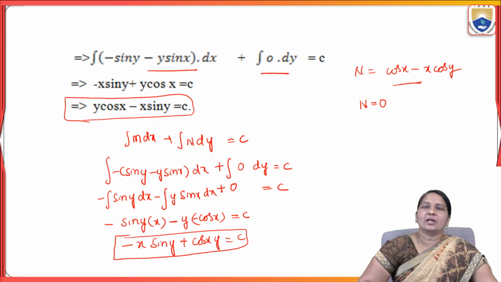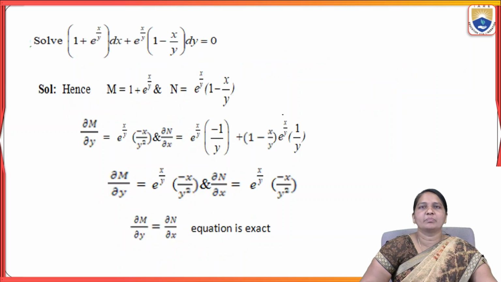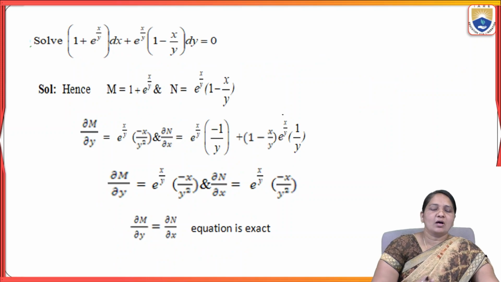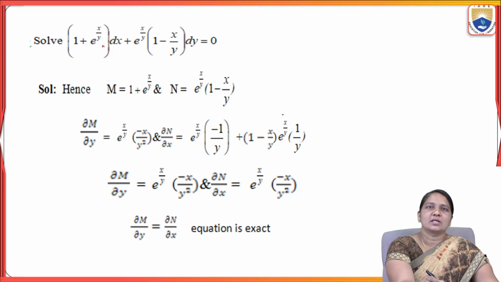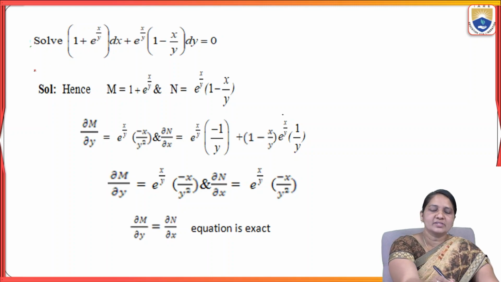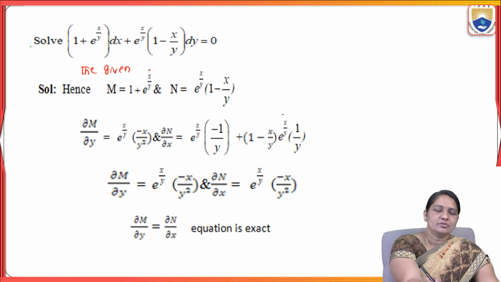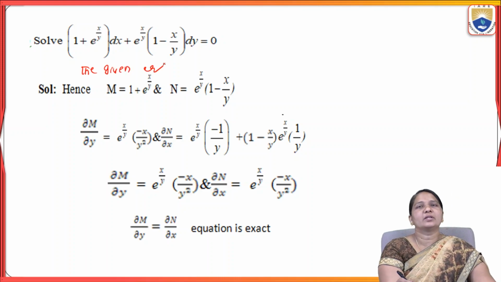So to get better clarity, we are moving on to one more example. We can observe here: solve 1 plus e power x by y into dx plus e power x by y into 1 minus x by y into dy equal to 0. So what is the given equation first? In every problem you have to write the given data.